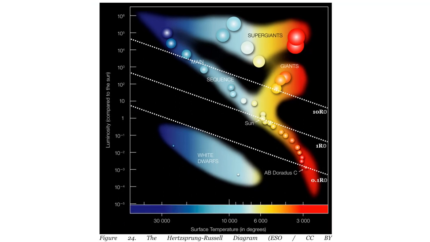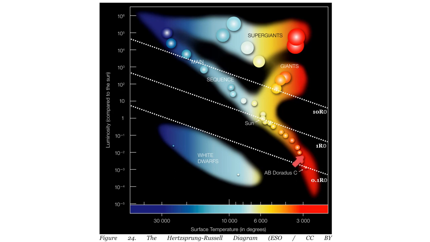The luminosity compared to the sun is obviously 1, because we're comparing the sun's luminosity to itself. If we go down, we're around 6,000 Kelvin there, probably around 5,800 Kelvin for the surface of the sun, which we know is the case.